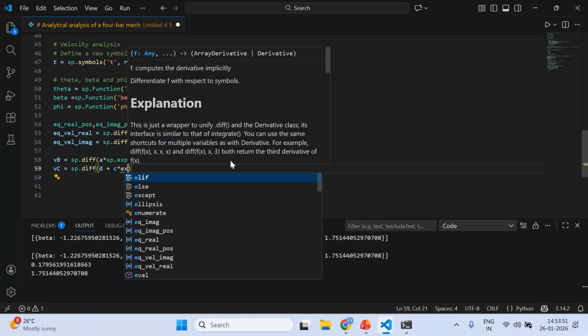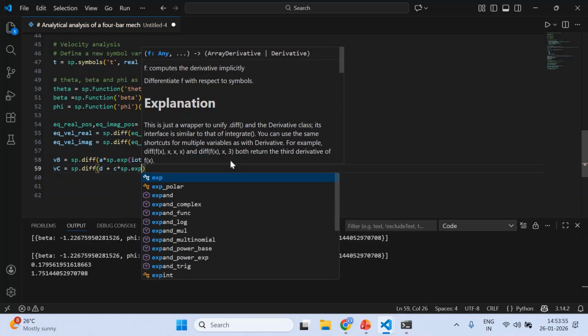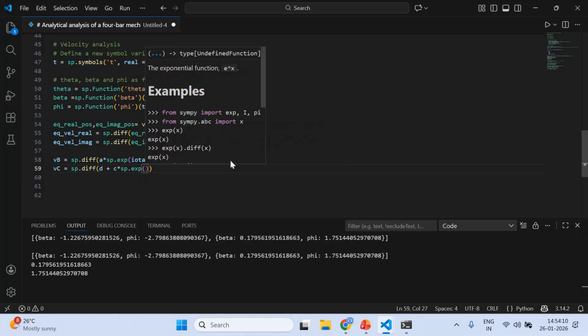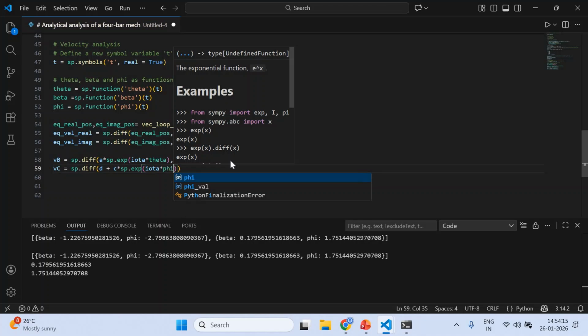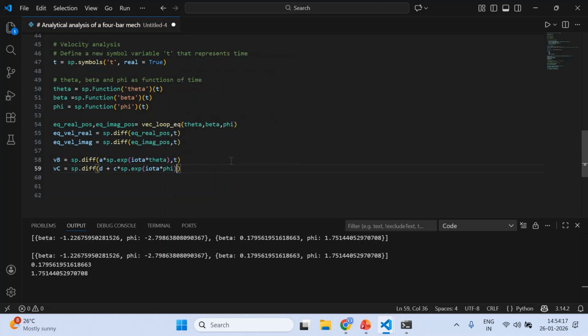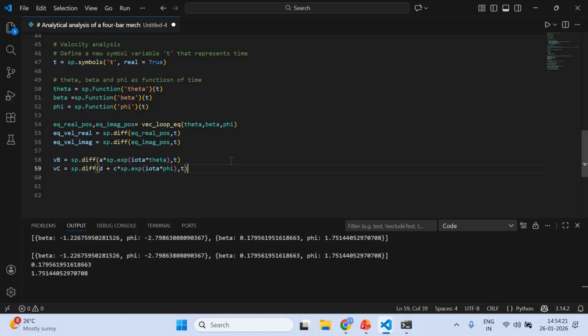So c is sp.exp, right? So c vector will be nothing. It is c vector, it is making an angle of phi with the x-axis. So c vector is the magnitude of c vector, that is c multiplied by e to the power I phi. So let me write it down here. So sp.exp, then we have iota star phi, and then bracket close, and then again these are functions of time.